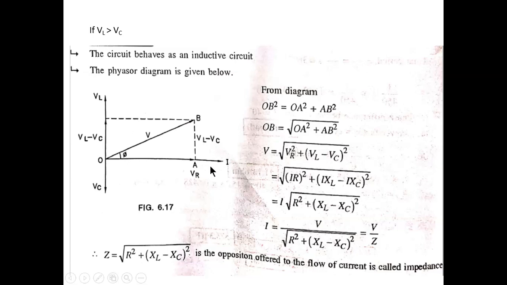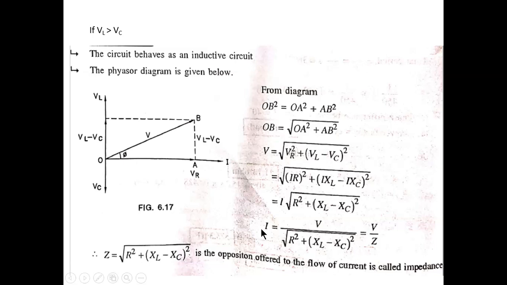So from the phasor diagram, we can obtain V. So V is given by under root VR square plus VL minus VC whole square. So by substituting the parameters, we will get V is equal to I under root R square plus XL minus XC whole square.